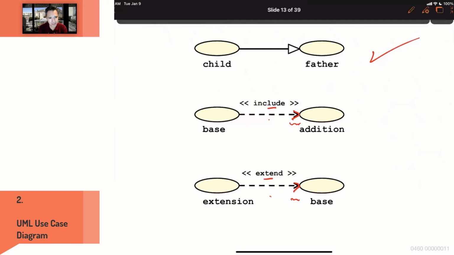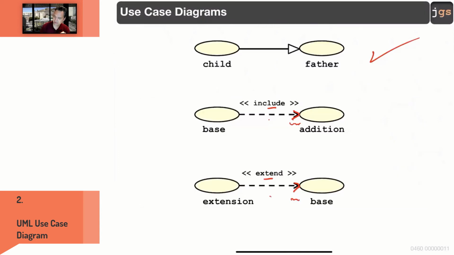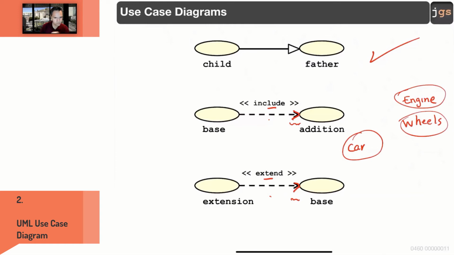Let me give you an example with something that are not requirements. If I have a car, and I have engine, and I have wheels, they are not requirements. It's just to give the idea.